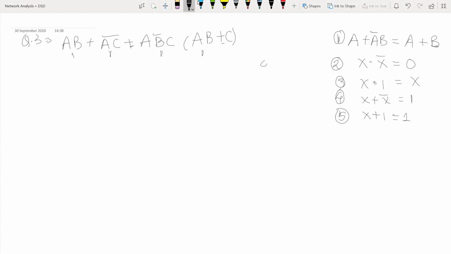So roughly 8 two-input gates will be required.